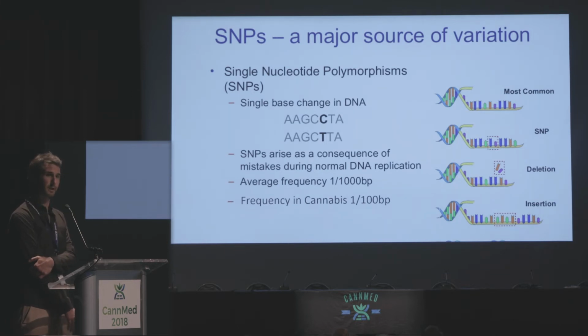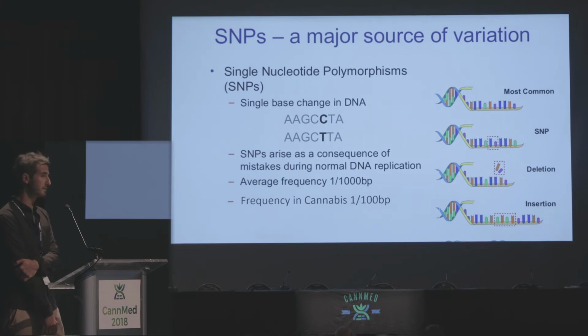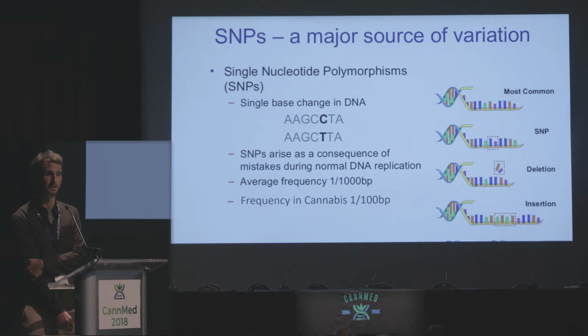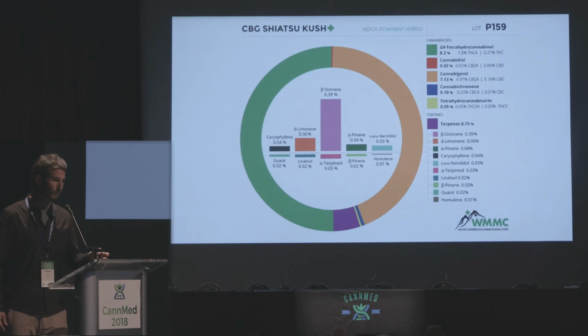It doesn't necessarily require us, and typically we see an average frequency of about 1 SNP for every 1,000 base pairs. And when we're talking about the cannabis genome, there are actually quite a bit more SNPs, a large amount of diversity, about 1 SNP every 100 base pairs in cannabis. So what I want to talk about here is an example from one of the licensed producers in Canada.